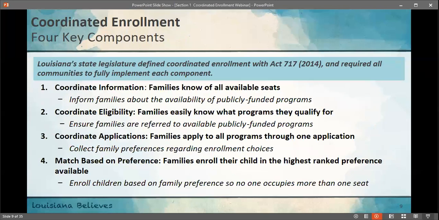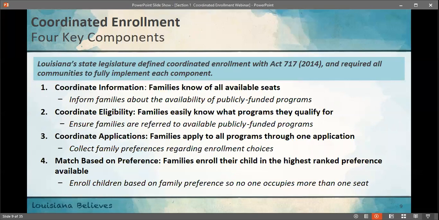Hi, everyone. So looking at this slide, you can see that there are 4 components to the coordinated enrollment plan. And this was established with the Louisiana State Legislature, and it was defined with Act 717, 2014. It required our communities to have 4 components. It started with Section 1, coordinated information, so that families have knowledge of all available seats.